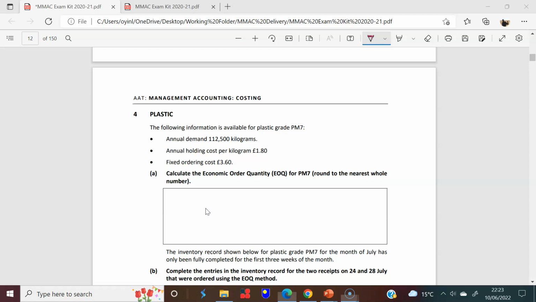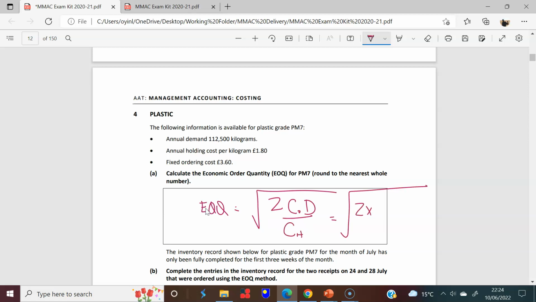And we know that this EOQ is equal to the square root of 2CoD over Ch. And what is that? That is the square root of 2 times the cost of ordering. We can see here fixed ordering cost of £3.60. And then we have the annual demand 112,500 divided by the cost of holding, which is £1.80.